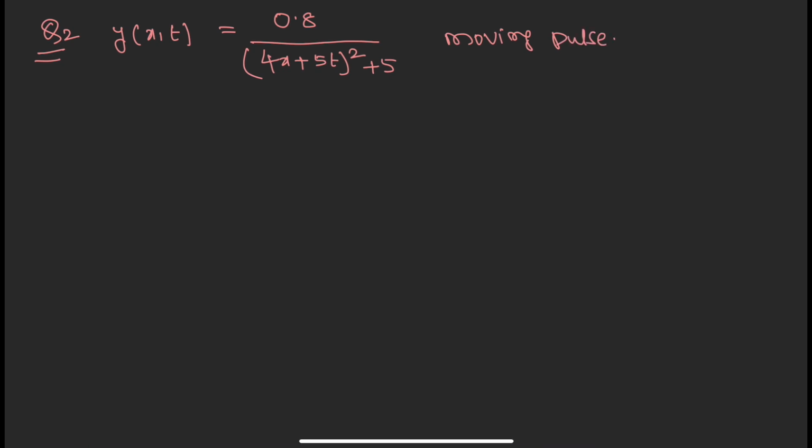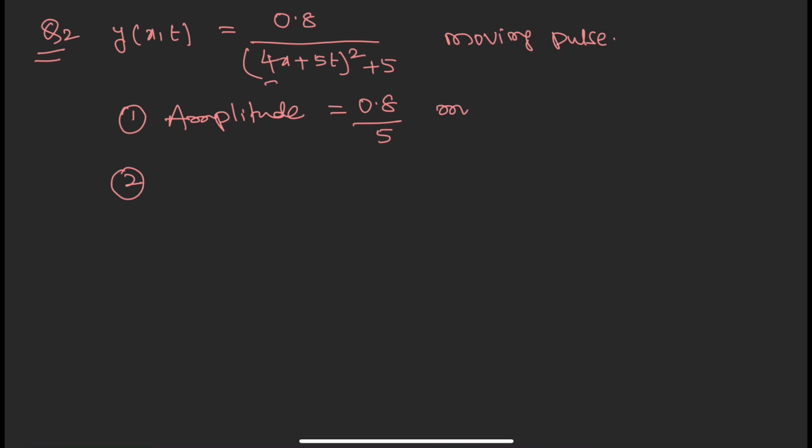X and y are in meters, t is in seconds; it would be mentioned. So first, the pulse is moving in what direction? First of all, I want to know the amplitude. Amplitude is 0.8 by 5, and it should be in meters.